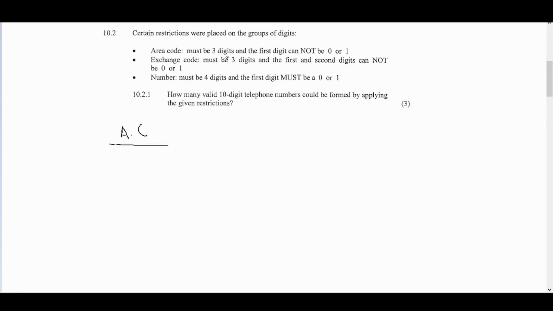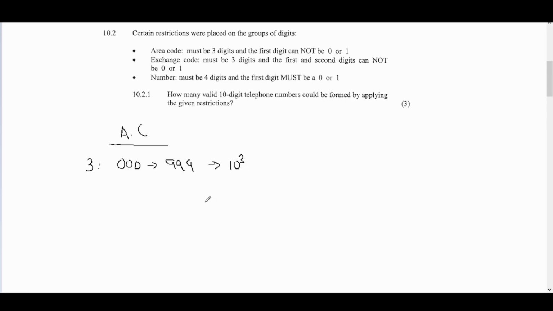It has 3 digits, so that's everything from 000 to 999. The total number can be written as 10 to the 3.